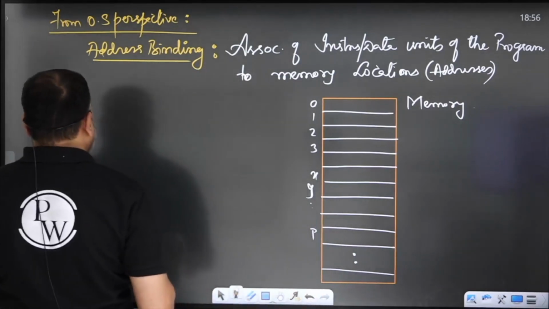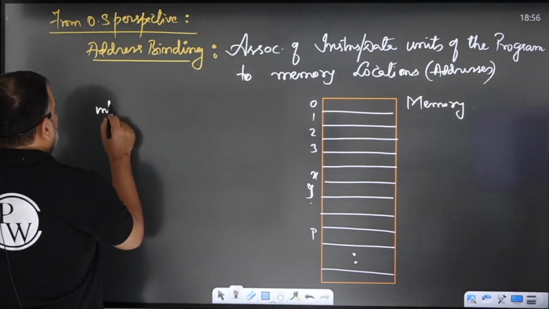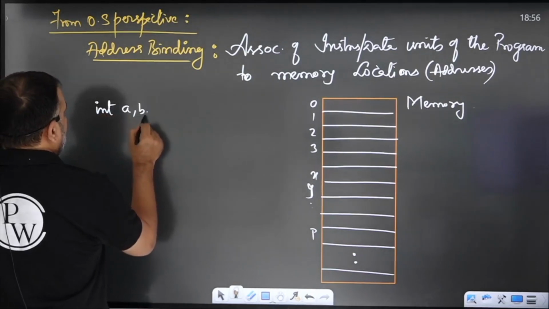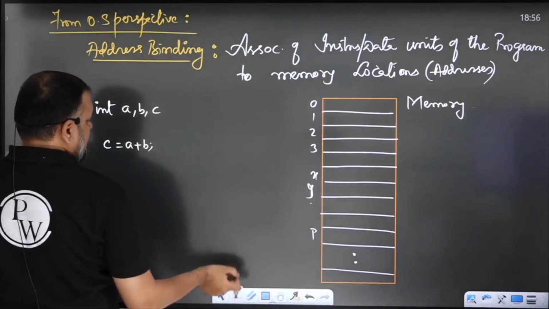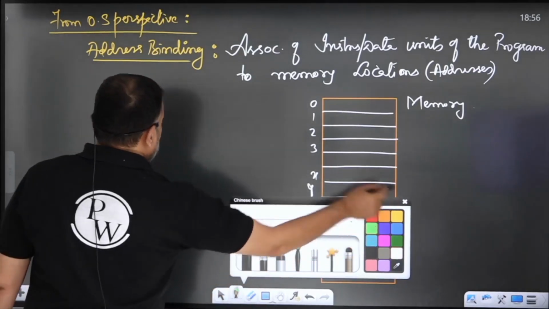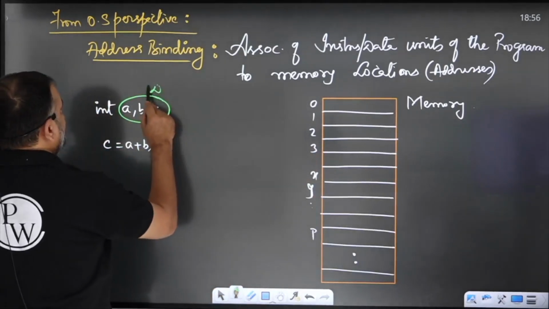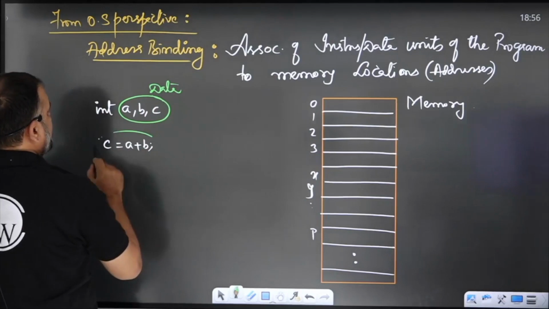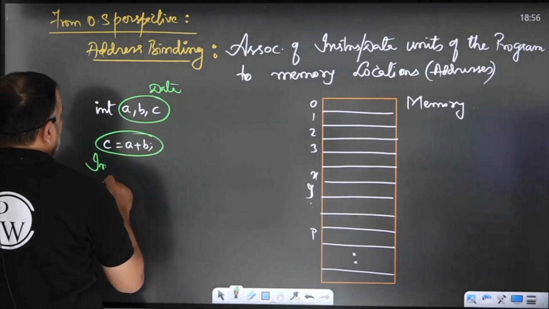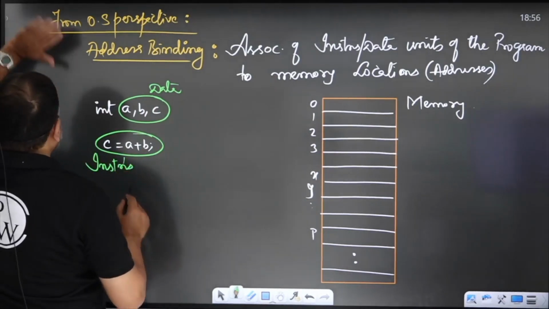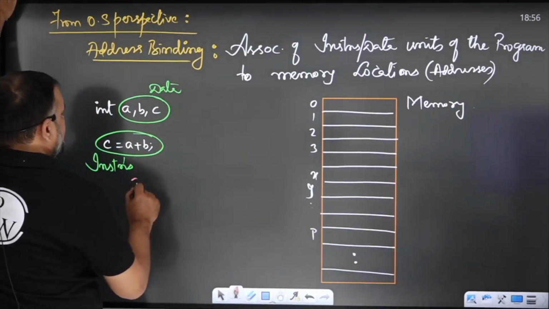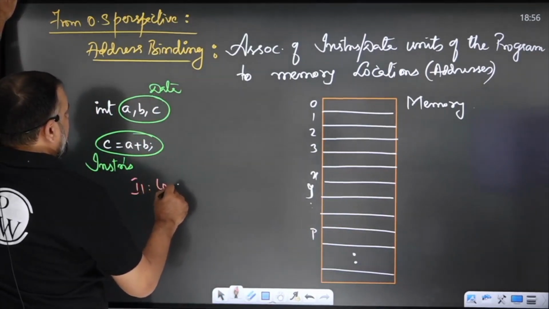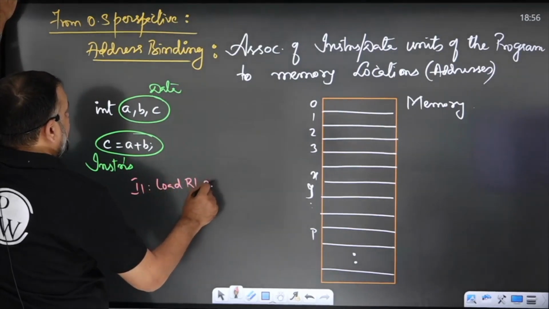Suppose I have my program as follows: int A, B, C. I write a statement C = A + B. Data means these variables. Instructions correspond to this. The first instruction is load into some register R1 the value of A.